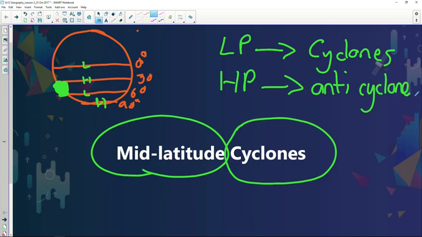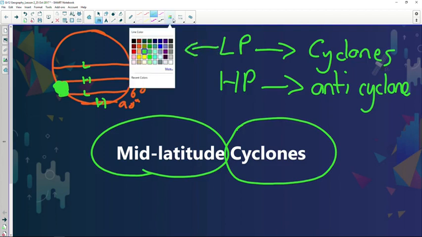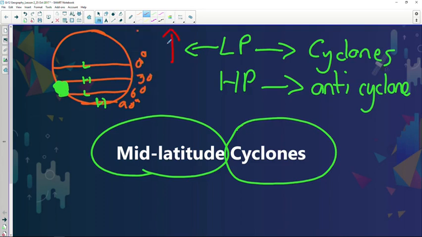Now, to revise once again, when we look at low pressure systems, what did we say? It is rising air. Why does the air rise? Because of warm conditions, like at the equatorial regions, or because it's forced to rise, like at the subpolar low pressure belt.